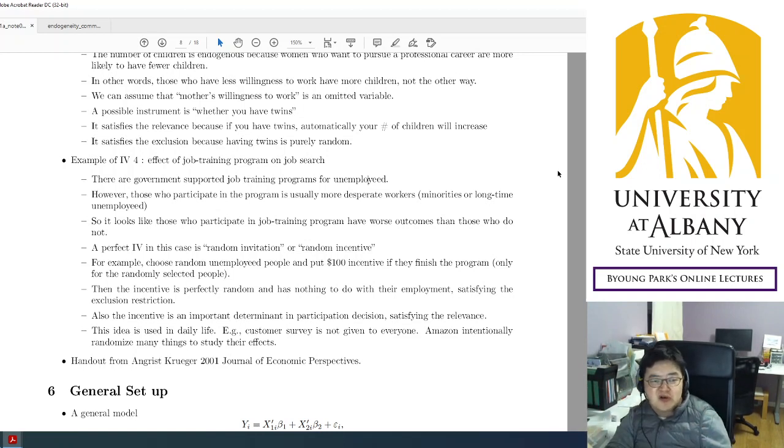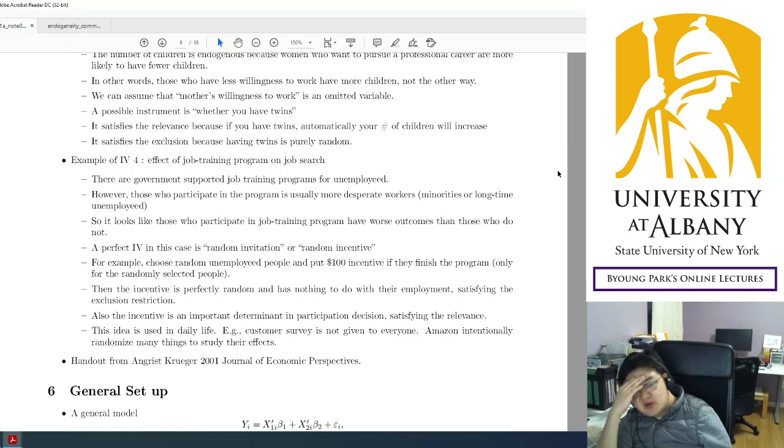I don't know what you learn there, but maybe you can get a certificate, and it shows some kind of willingness to improve yourself. However, we would like to study the effect of participating in a job training program on, say, future wages, or how fast the unemployed person finds a new job. So it's a very interesting question.